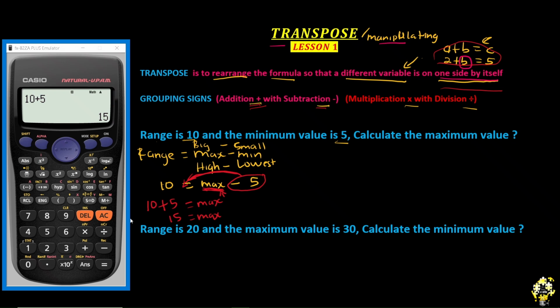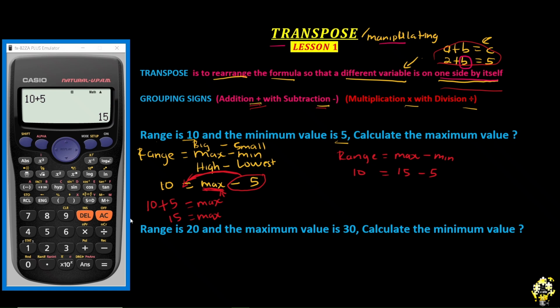But how true is this? Can we prove that this indeed is true? Yes, we can. Remember, we have a formula. Formula says range is equals to the maximum value subtracting the minimum value. Now, if we are saying that our answer basically is a 10, and we are saying that the answer that we got for maximum value is a 15, and we are saying that the minimum value is a 5.